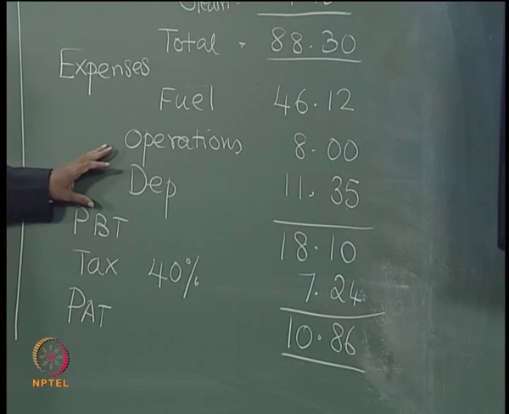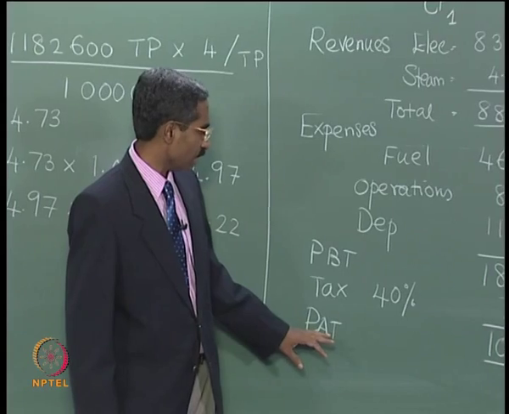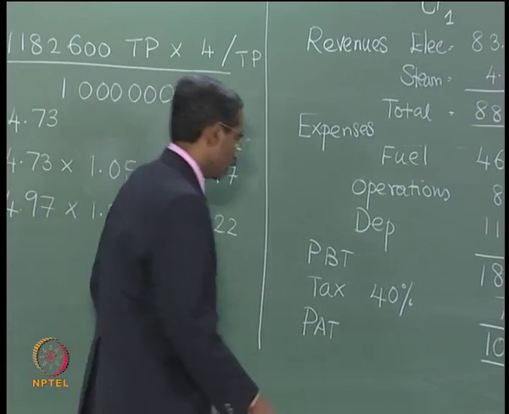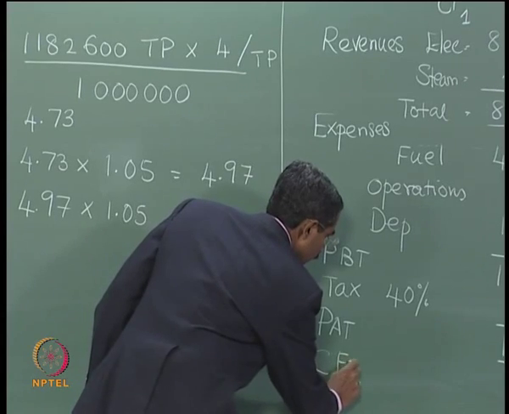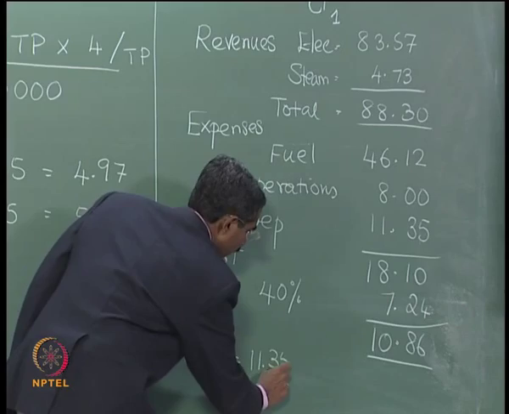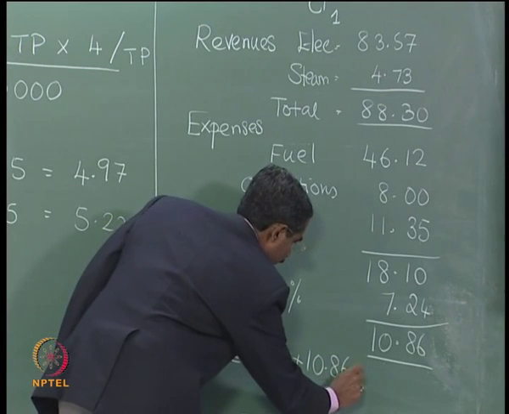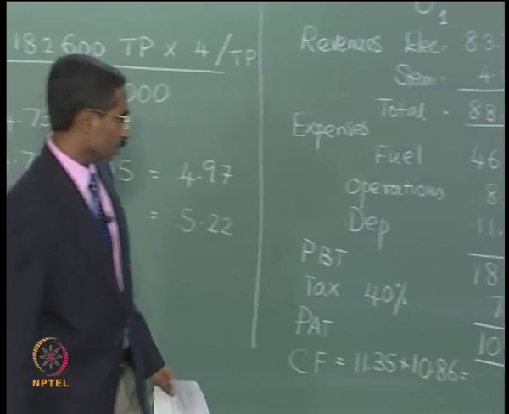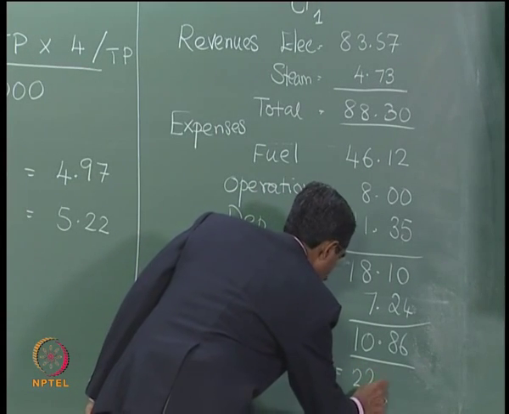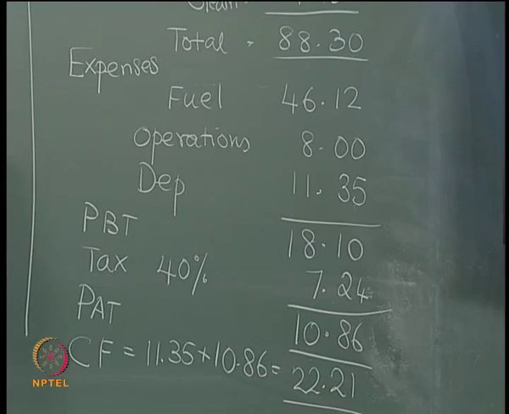the non-cash expenses. Right. So to get the cash flows in year 1, we will have to add profit after tax and depreciation. So the cash flow would be 11.5 plus 10.86. So this will give you 22.21 million in year 1.